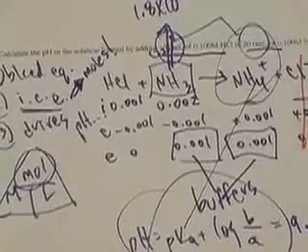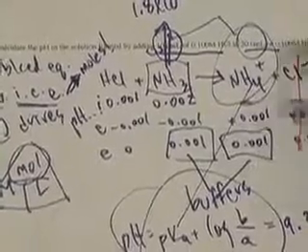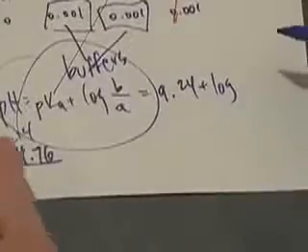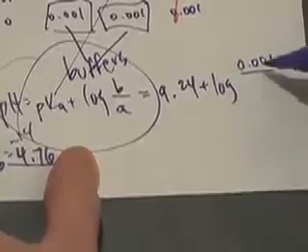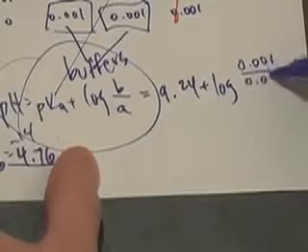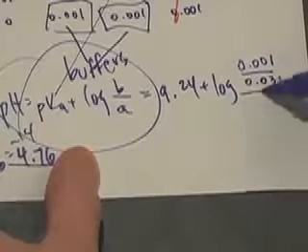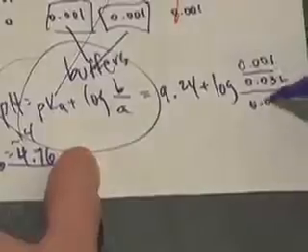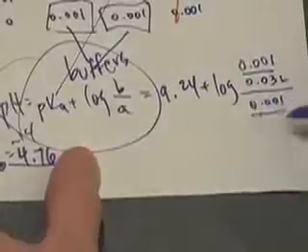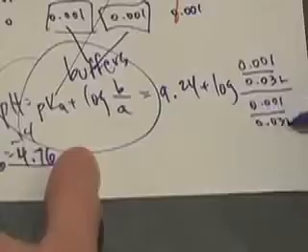We have 20 milliliters of this and 10 milliliters of this, so we have a total of 30 milliliters. And remember, we did our calculations in moles, but watch what happens here. This happened in some sample problems in the last videocast. The concentration of the base is 0.001 moles divided by our total number of liters, which is 0.03 liters. The concentration of our acid is also 0.001 moles divided by 0.03 liters.